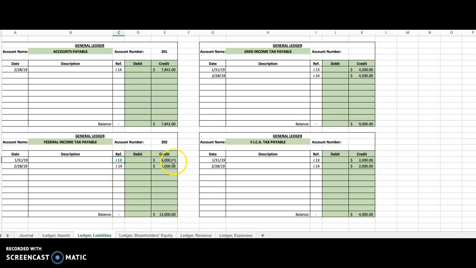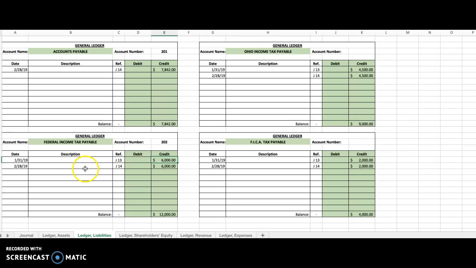And then we would have had a credit, which means as part of the payroll entry, federal income tax payable was credited by $6,000, which means out of the money that the employees earned, we withheld $6,000. Later, we will pay it to the federal government. But typically, it's due at the end of the quarter, which means at the end of 3 months. So back in January, we recorded the $6,000, but didn't pay it.